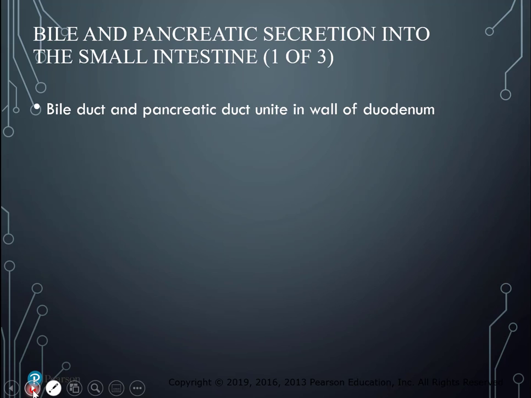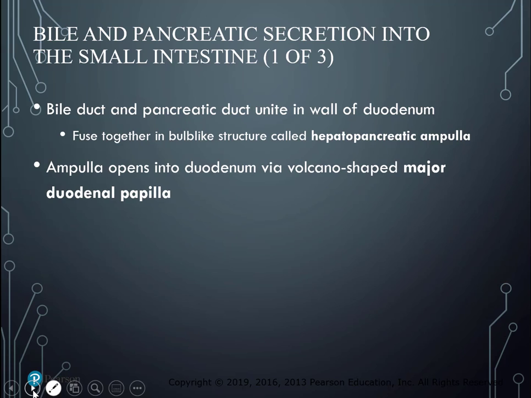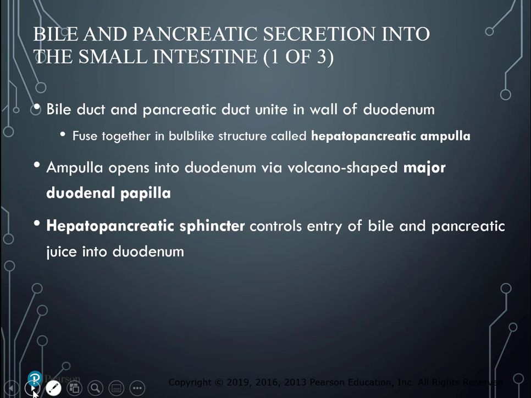So the bile duct and the pancreatic duct unite in the wall of the duodenum. They fuse together in a bulb-like structure called the hepatopancreatic ampulla, which leads into an opening, otherwise known as the sphincter of Oddi.